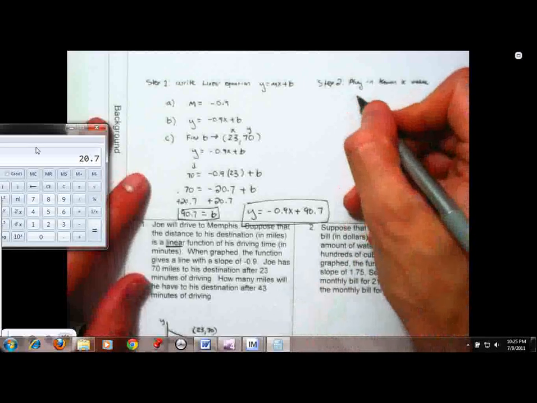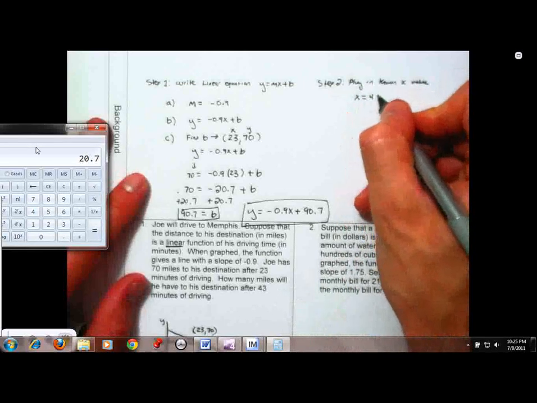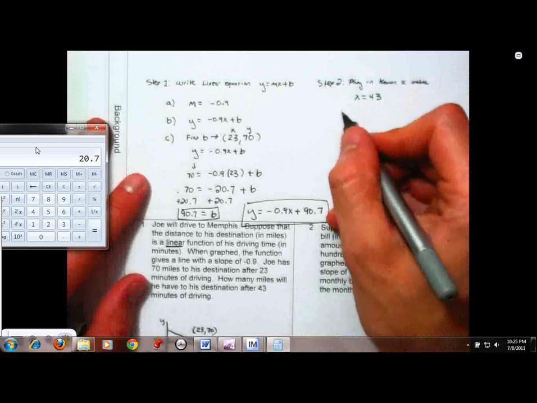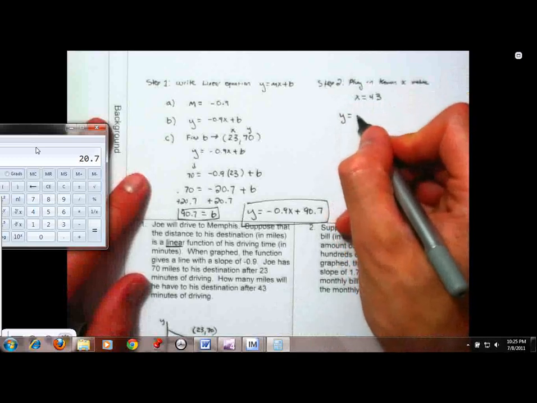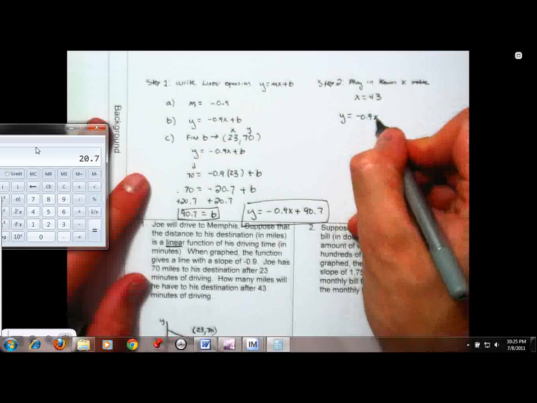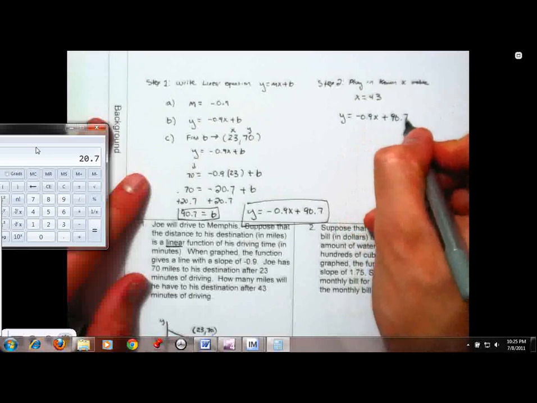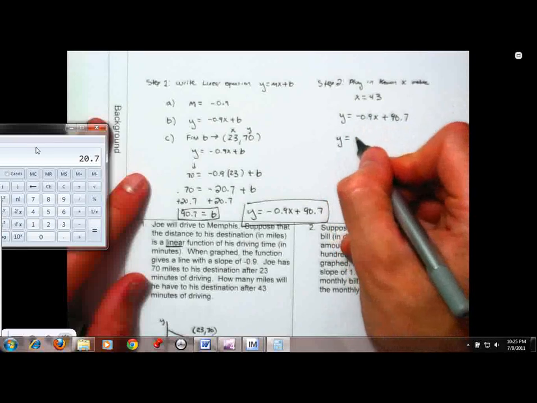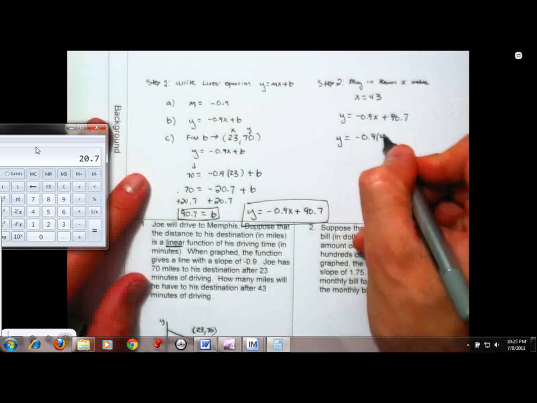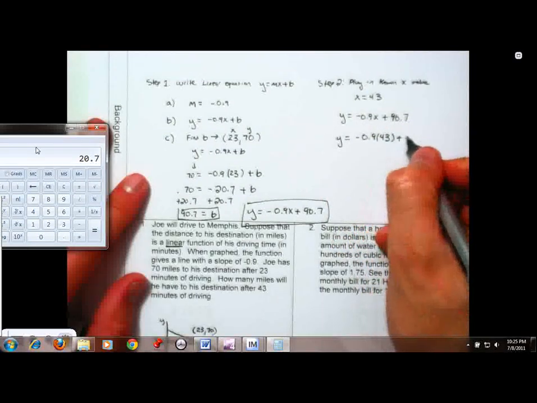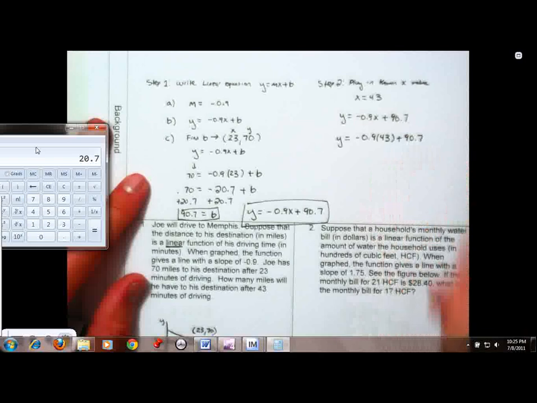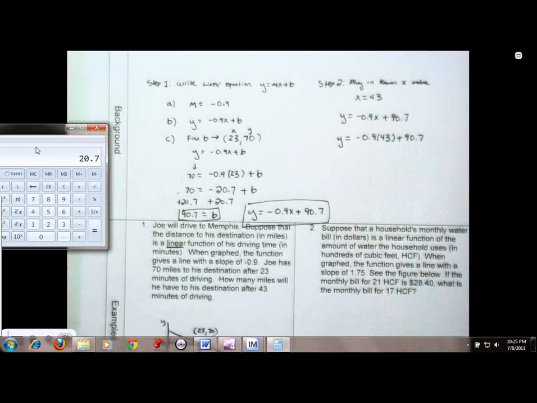So for us, that's going to be x equals 43. We've got y equals -0.9x plus 90.7. If I plug in that 43 for x, let's see what we come up with.